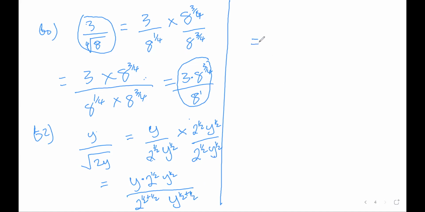Okay, so the whole thing becomes y times y to the half, 2 to the half over 2y. Notice that I am not so concerned about simplifying the numerator because that's not my target.